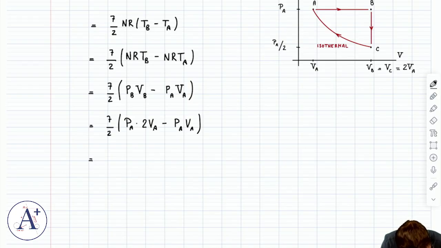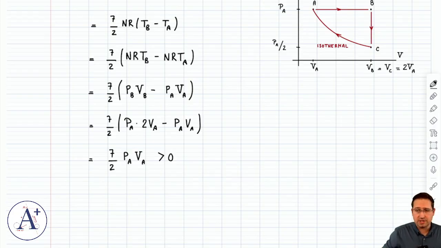And so this is going to be 7 halves of PA VA, which is a positive amount of heat. I want to keep that in mind because at the end I'm only going to add together the positive amounts of heat.